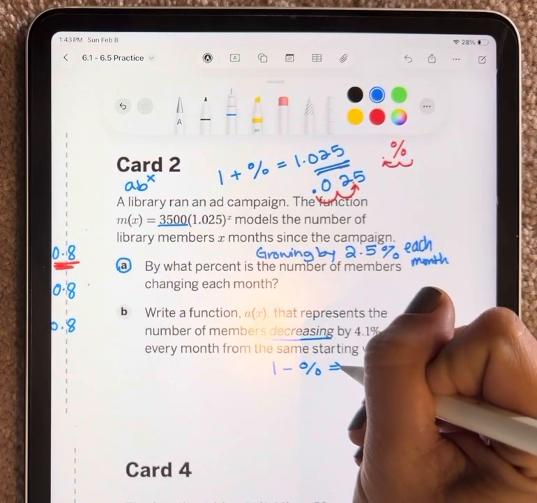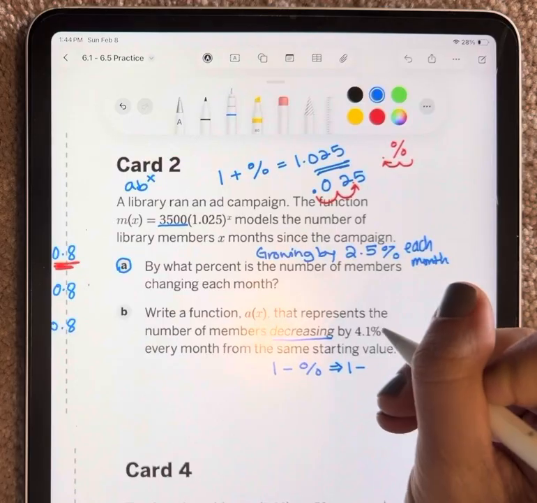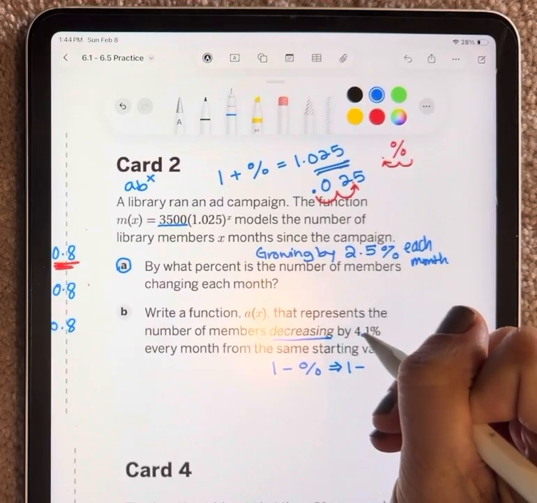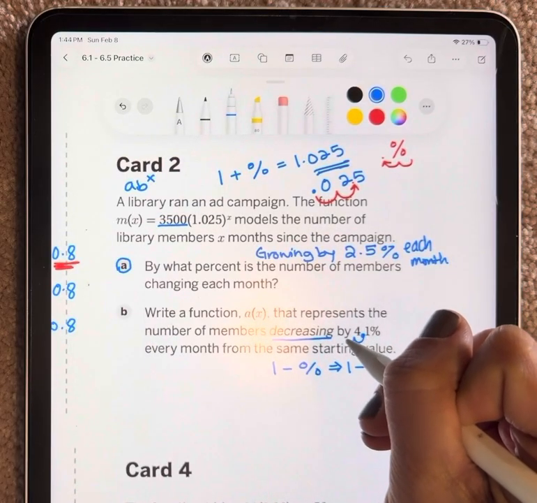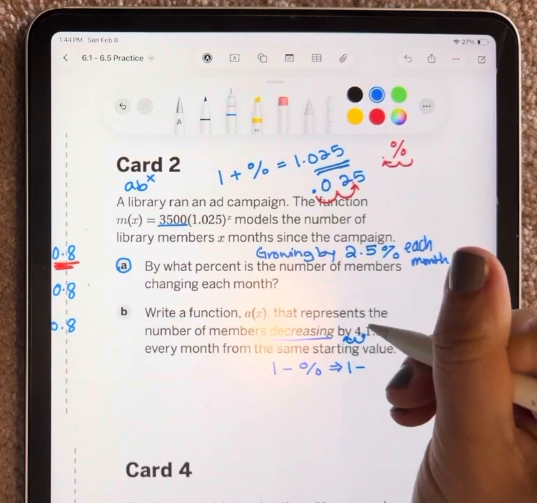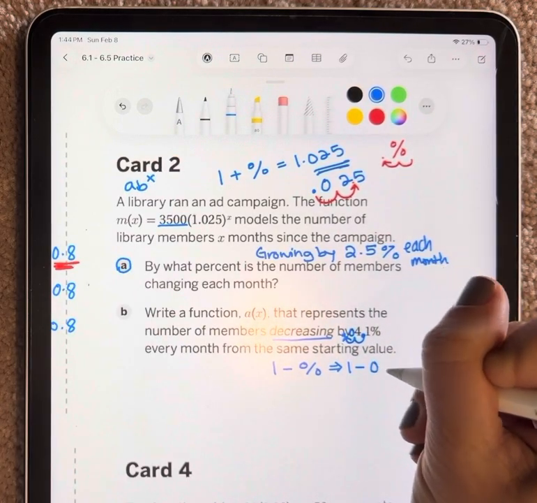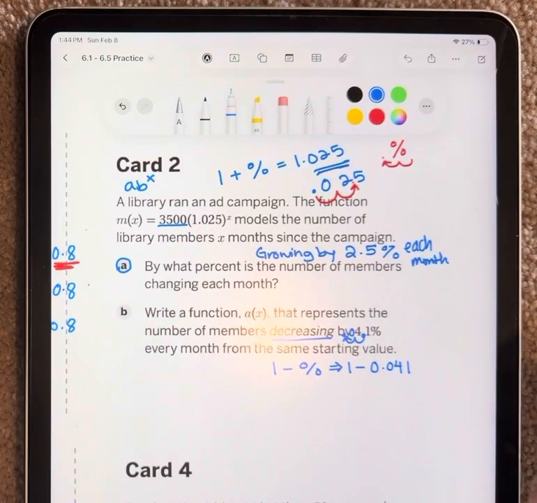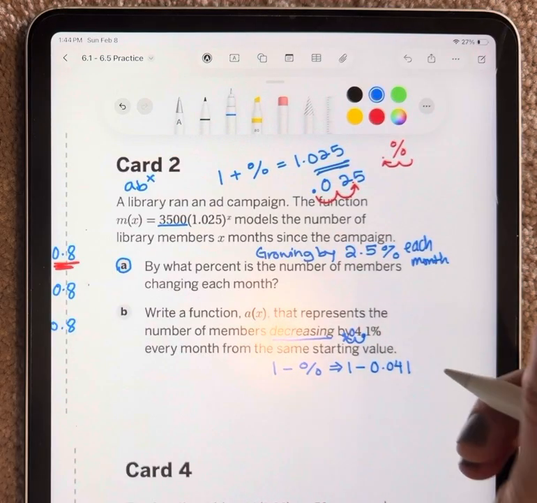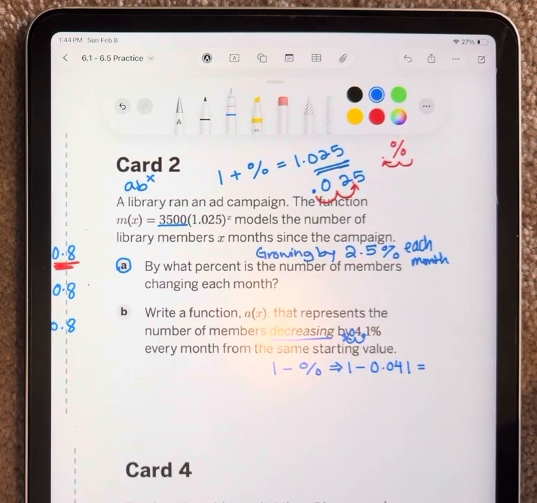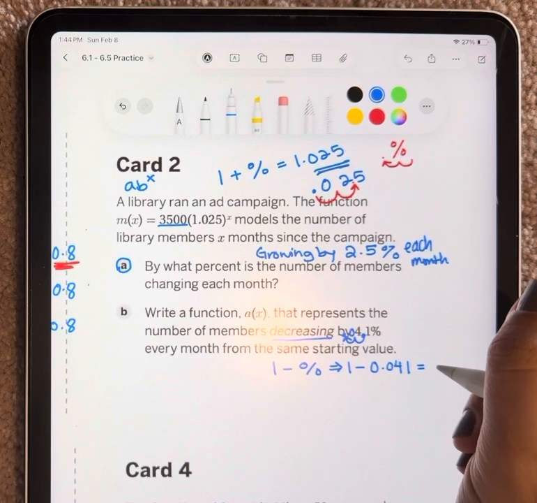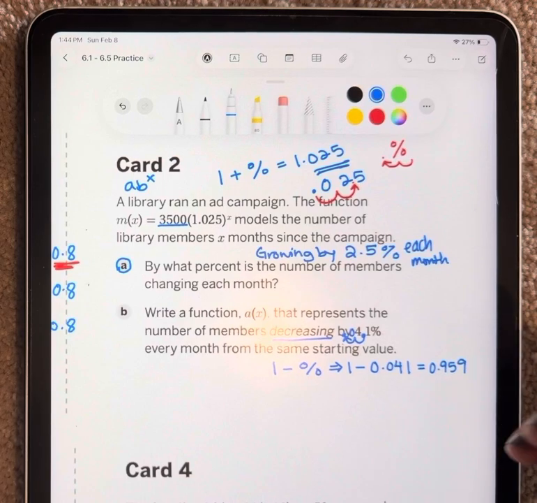Which in this case would be 1 minus, okay, we got to grab this decimal and move it 2 spaces to the left and put a 0 in its place. So this is 0.041, okay? And that's going to give me my rate, which is going to be 0.959.